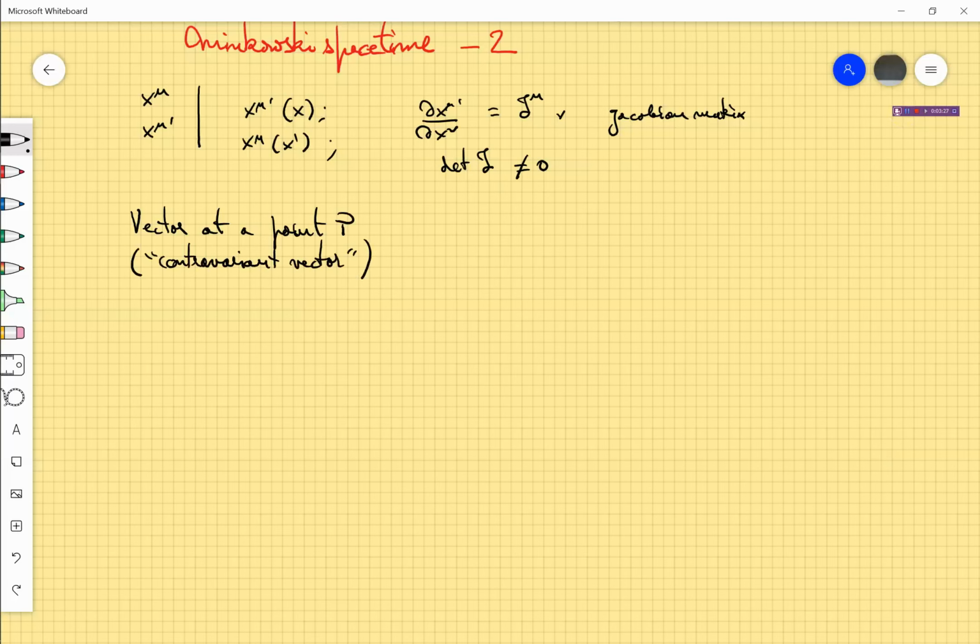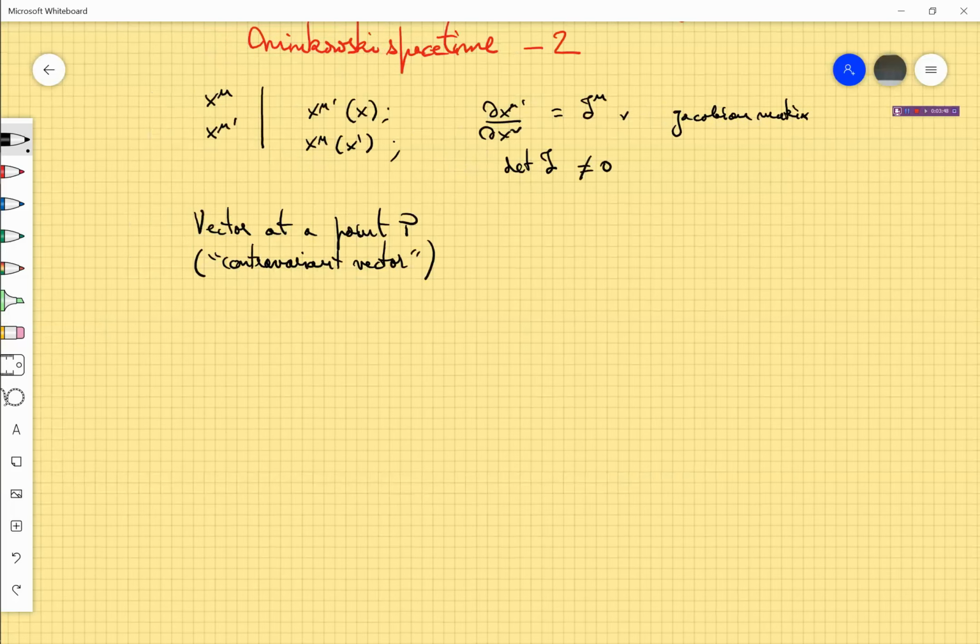It is a mathematical object, a geometrical object, which is characterized in the coordinate system x mu by 4 quantities that we denote by v mu P, which are called the components of the vector in the reference frame x mu.